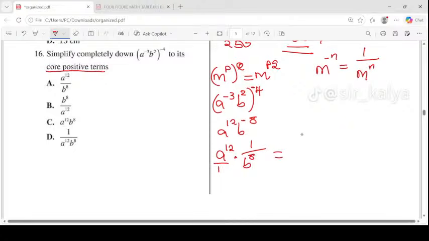So this will become a to the power 12 over b to the power 8. Now you can see that all my powers are positive. So that is what the question exactly requires, which makes choice A for apple the most correct answer.